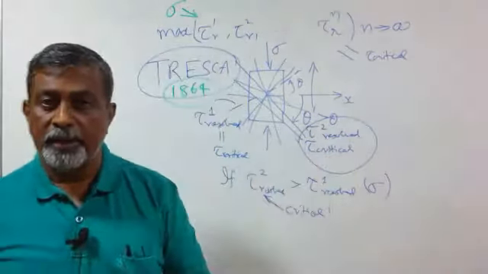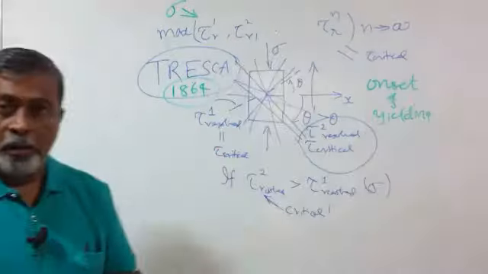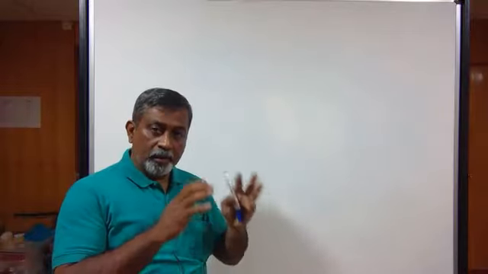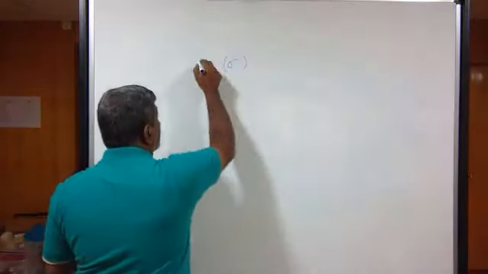When yielding will start means onset of yielding. Let's take an example and examine this particular condition by Tresca. If I find out the tau max of this sigma and this goes to a critical value, that's the property of the material, then yielding would occur.